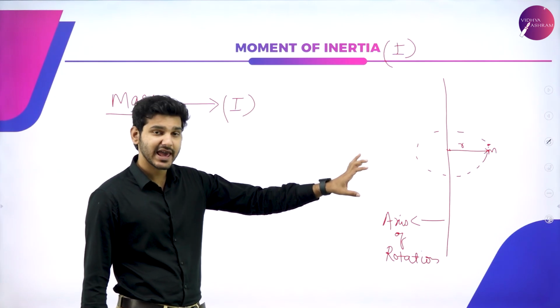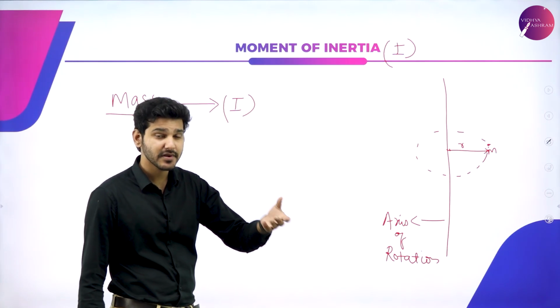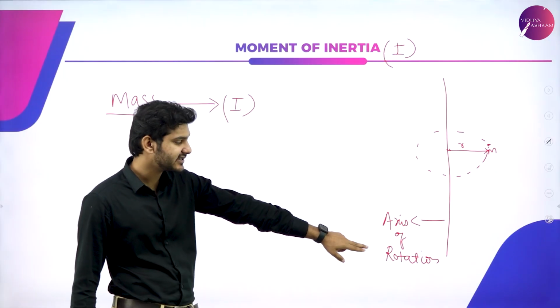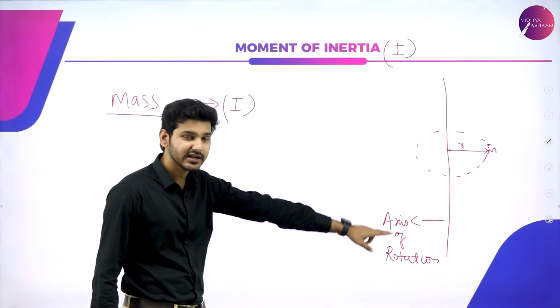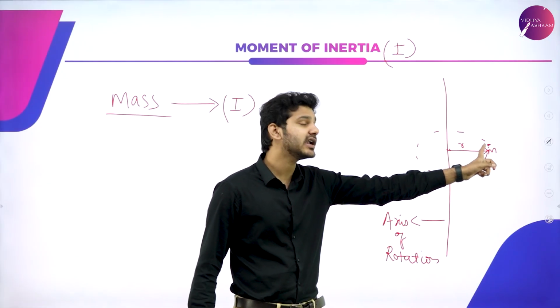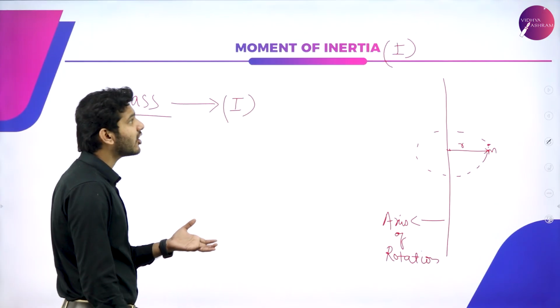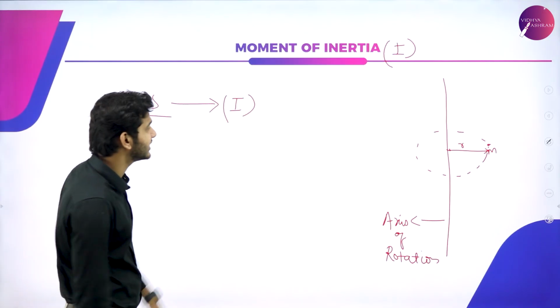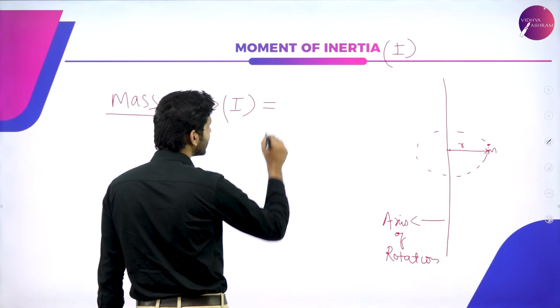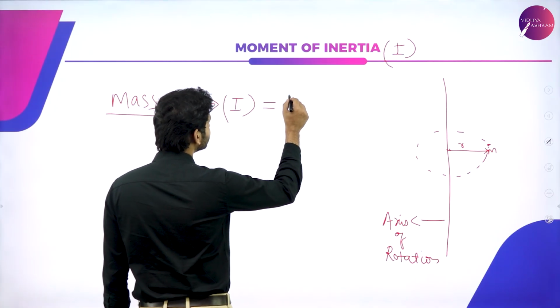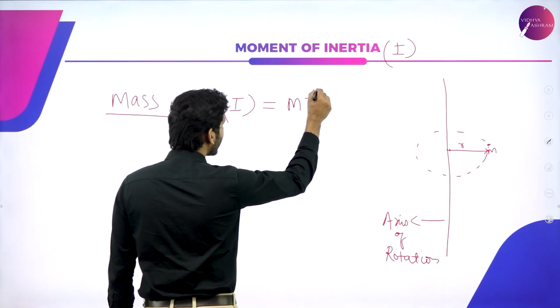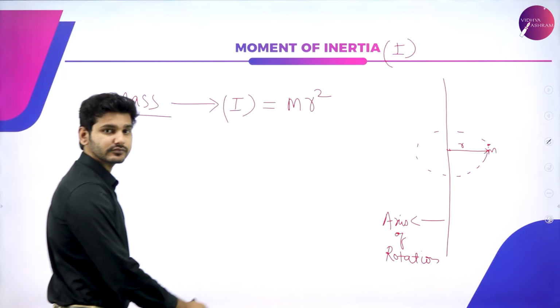Now the particle, or mass particle m, is rotating about an axis which is passing through the center, with a radius of r. So I can clearly say that the moment of inertia of this particular particle is given by the equation I = mr².